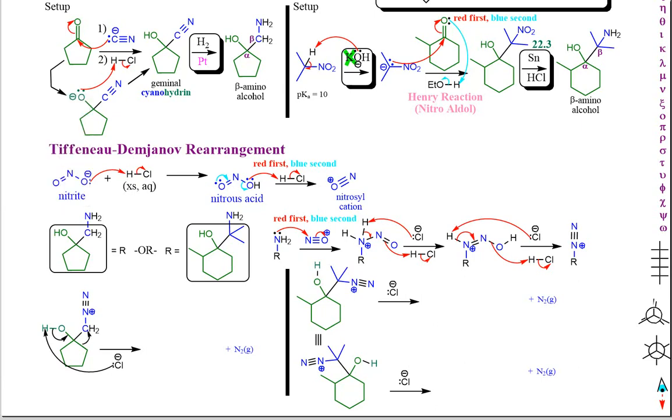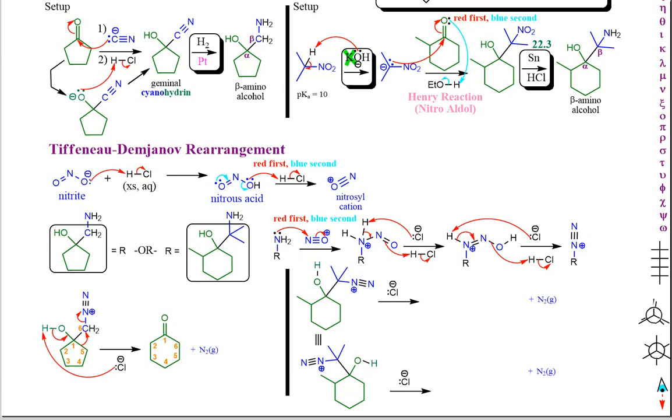Sigma here makes sigma here in the rearrangement, arrow right there, driving off nitrogen gas. This will result in the product shown right here, cyclohexanone.